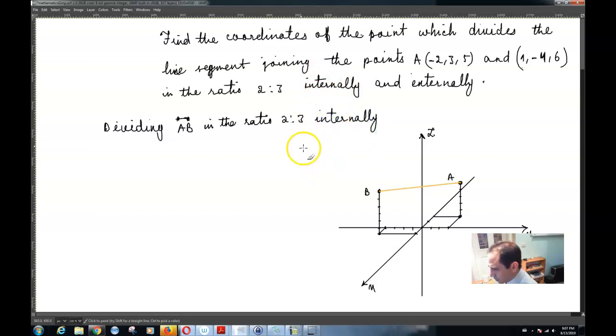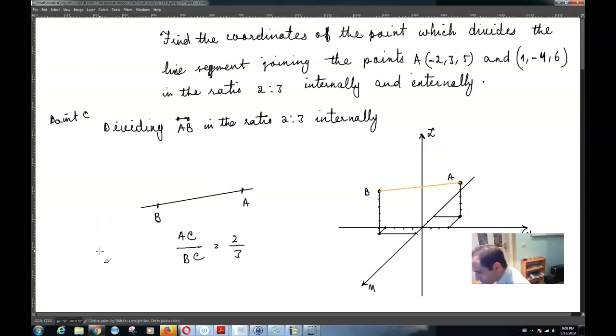So what that means is that if your line is, for example, like this, and this is A and this is B, then internally in the ratio 2 to 3, if I take that point to be point C, if that point is dividing this line segment internally in the ratio 2 to 3, what that means is that AC to BC is supposed to be 2 to 3, meaning that your point is going to be located somewhere over here.